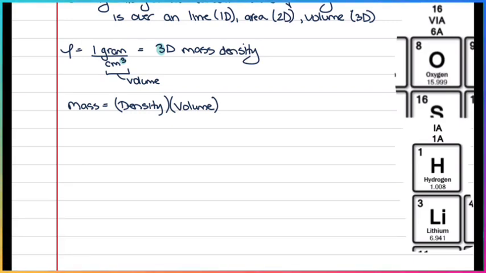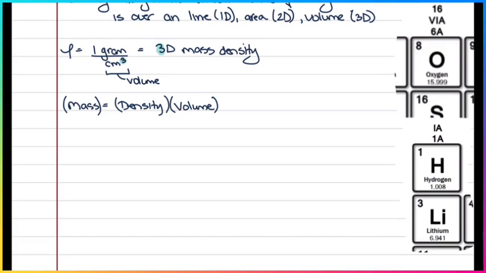This is maybe worth remembering, but really all this is, is units. A density is a mass per volume, so density times volume will just give us units of mass. So there is a connection between these three quantities, mass, density, and volume, which again is really just dimensional analysis.